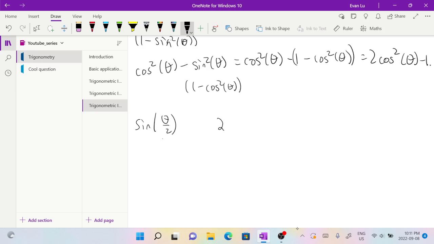Well, I know 2 sine theta over 2 cos theta over 2 is equal to sine theta. Well, this is kind of no good because I have these two half-angle formulas, and I don't want to relate them to each other. I only want one of them by itself. So this tells me that the sine 2 theta formula is not going to really work for this.